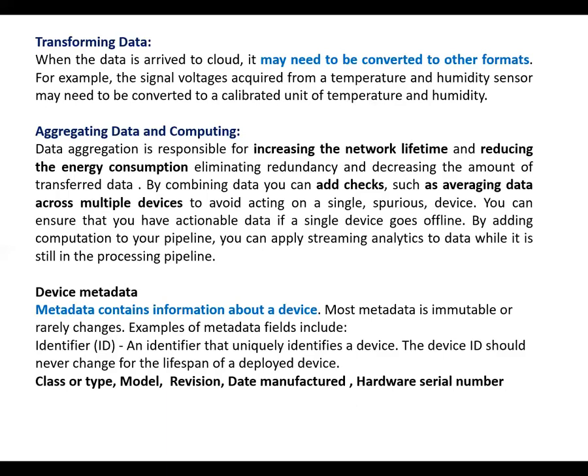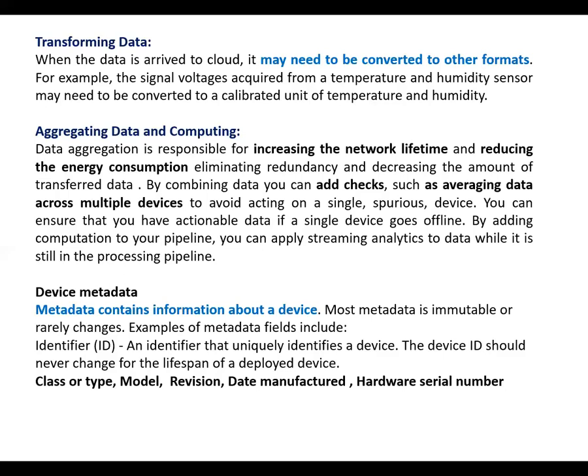And aggregating data and computing. Data aggregation is responsible for increasing the network lifetime and reducing energy consumption. Aggregating means a single value that can represent a whole bunch of data. For example, if 100 values come in 1 minute from IoT devices into the cloud, rather than storing the 100 values, why not take the average of those 100 values and have a single value.